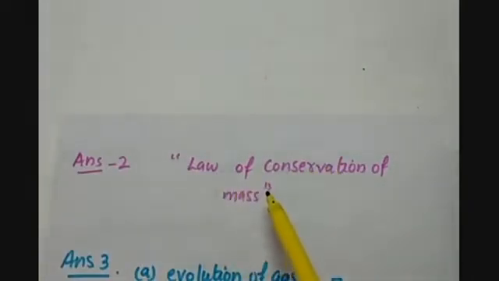As we all know, mass can never be created nor destroyed. So if some reactants are converting into products, then there must be equivalence of mass on both sides. That is why we balance a chemical equation, so that we can check whether the mass of the reactants is equal to the total mass of the products.